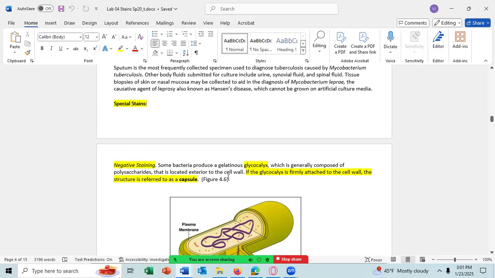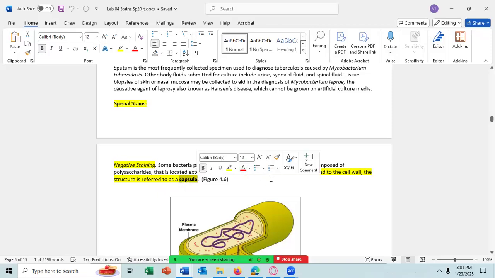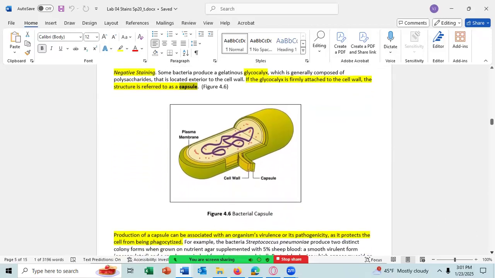If the glycocalyx is firmly attached to the cell wall, it is referred to as the capsule. And so the negative stain is also called the capsule stain because it will stain the capsule. There are other glycocalyxes. We're not going to talk about them in this lab, but the capsule stain will not stain the other glycocalyxes. Any question about any of that?